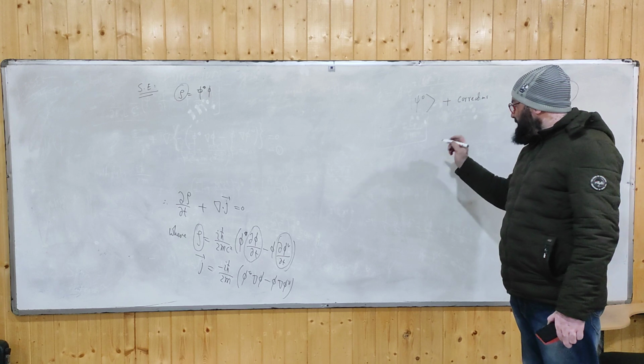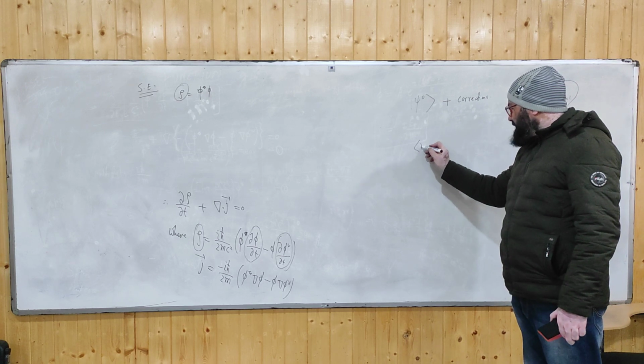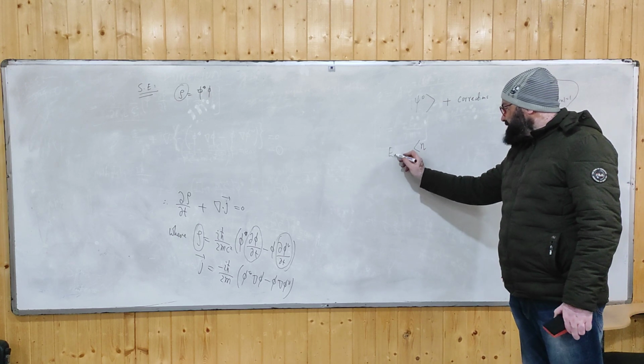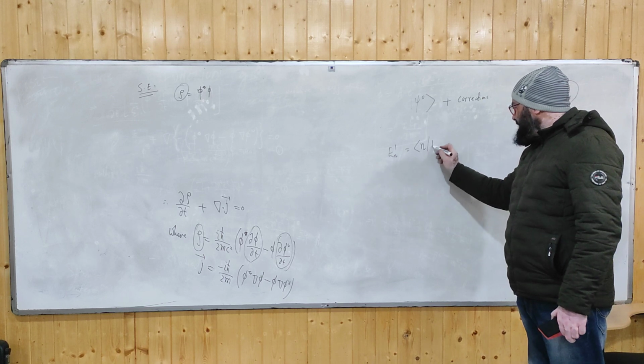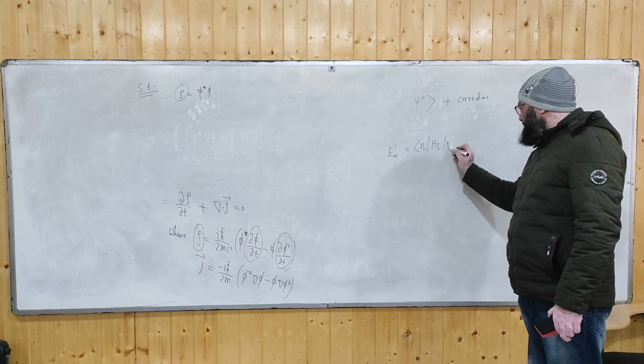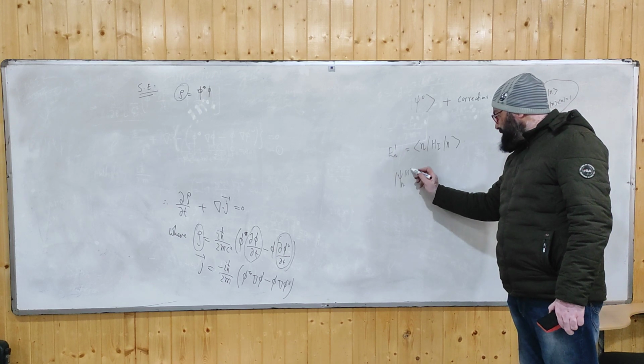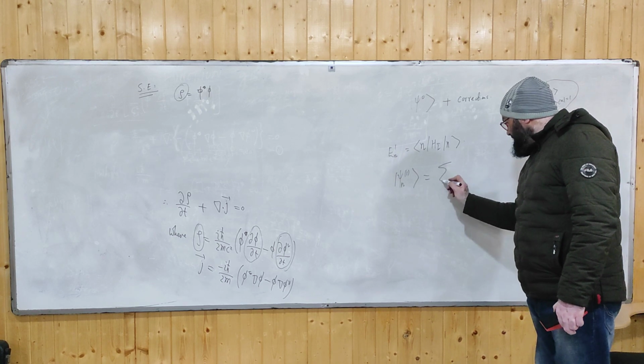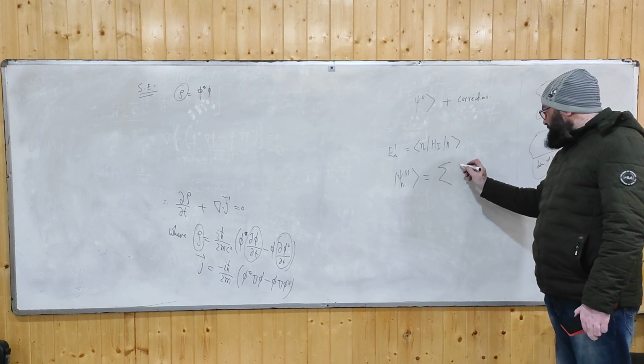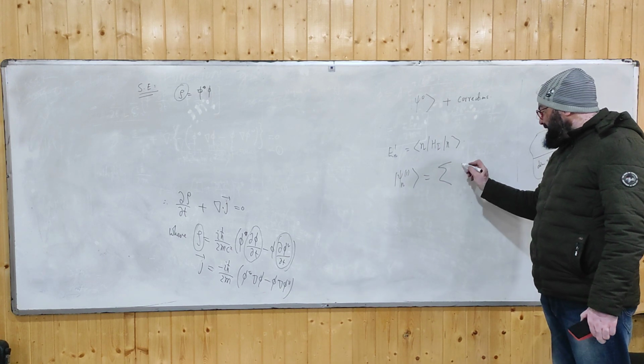What is the first order correction? How do you calculate it? So the energy correction will be like this. If you remember the perturbation theory, what is the correction to the wave function? That is that summation. Then you put in a completeness condition.